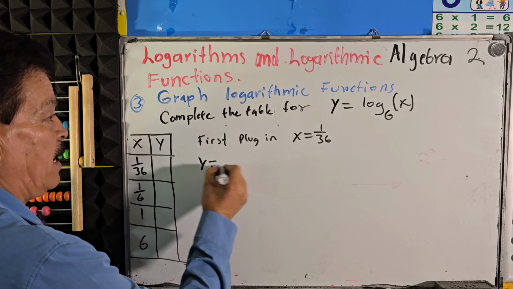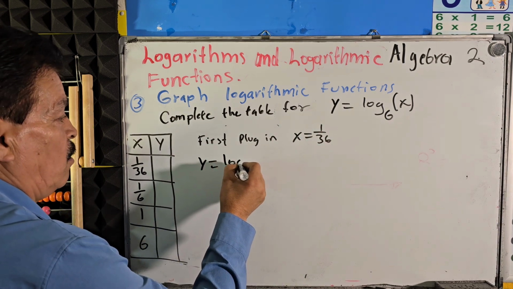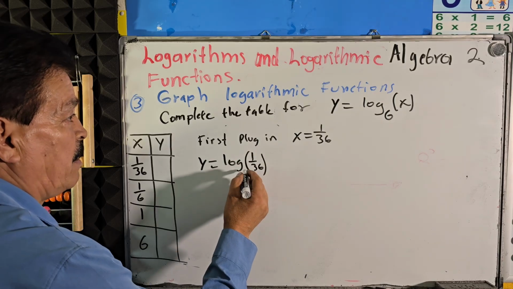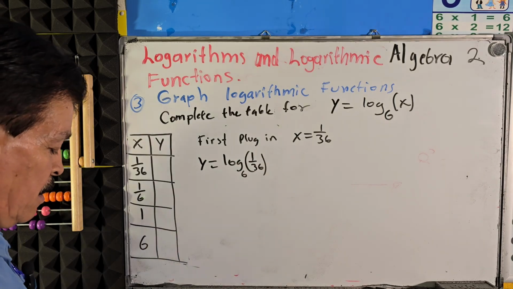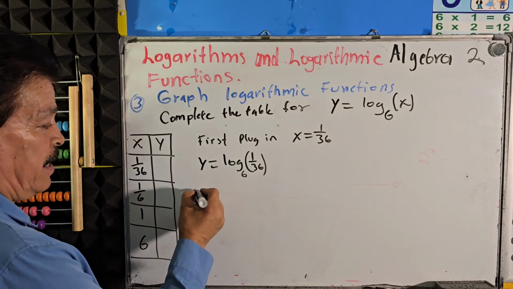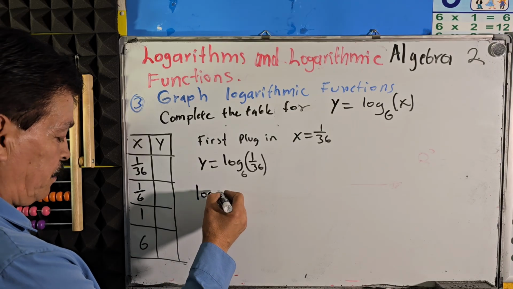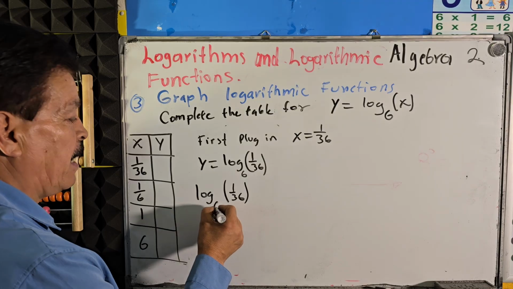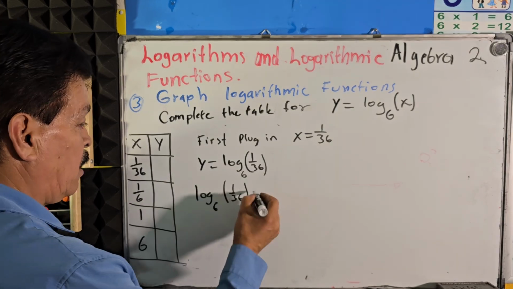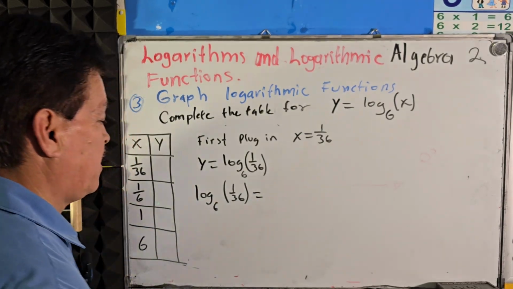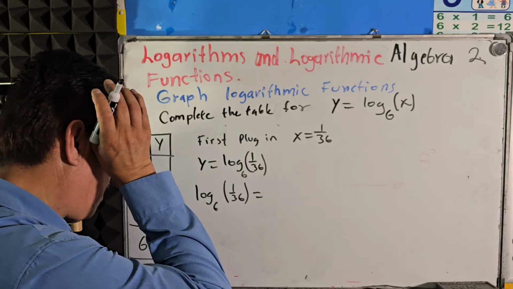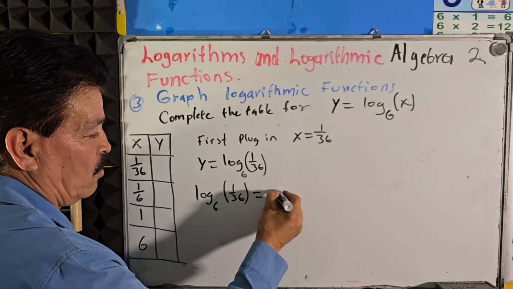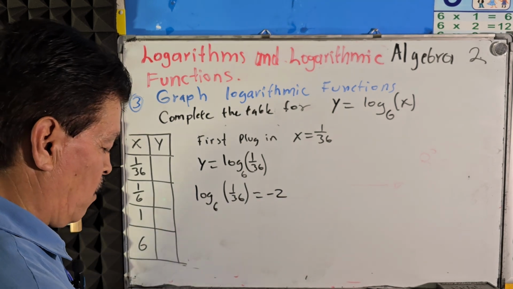Just write the formula here. Our problem: log of 1/36 with the base 6. Okay. So now here we will have log of 1/36 with the base 6. All right, equals, what is the answer here? When you find the log with the base 6, here it equals -2. Again, why?